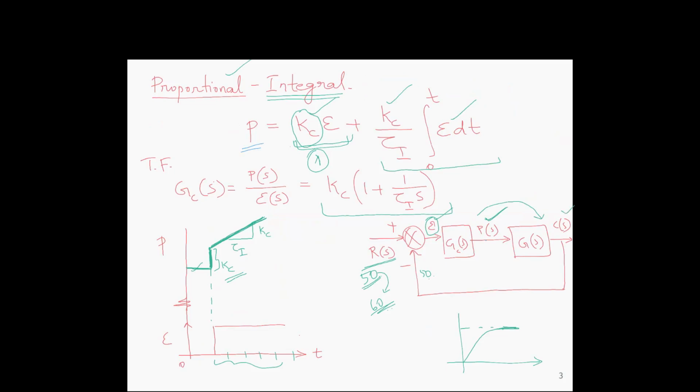So whenever there is even a small error, it will add up. The controller output P of S will add up, and it will increase more and more effort so that the control will be tracking exactly the set point. So R of S and C of S will reach the exact value. So that is how this works.